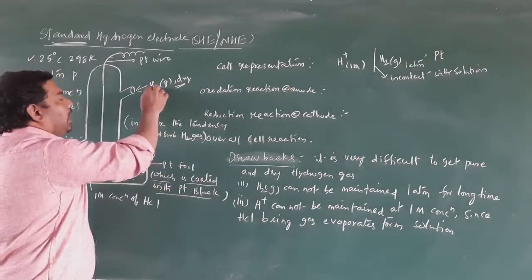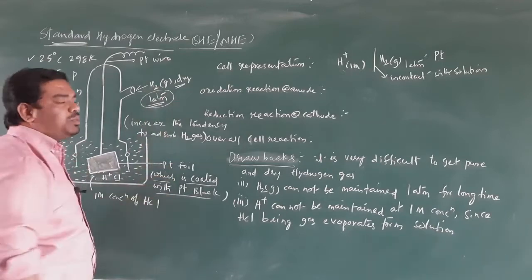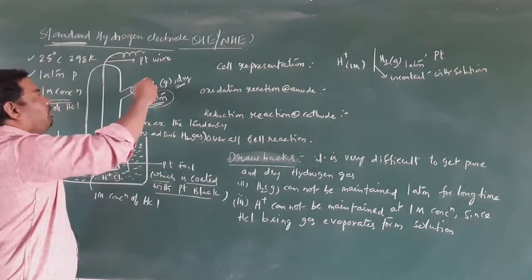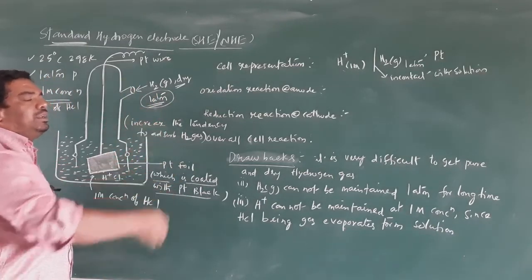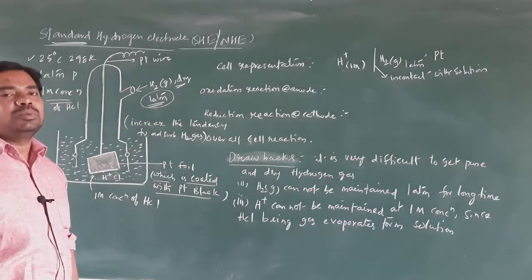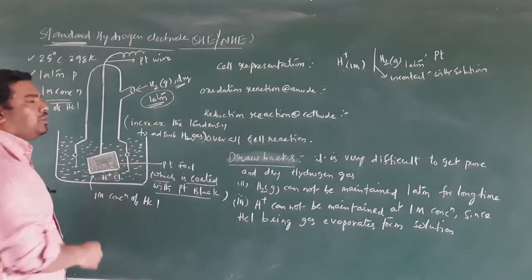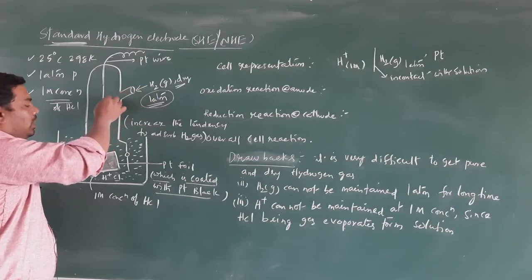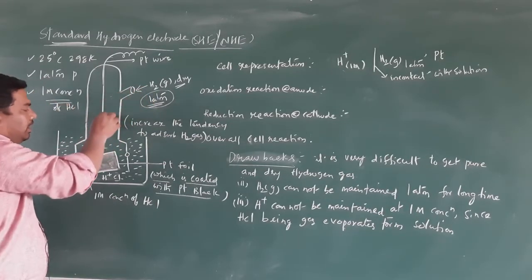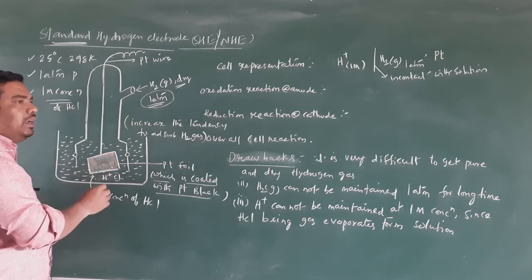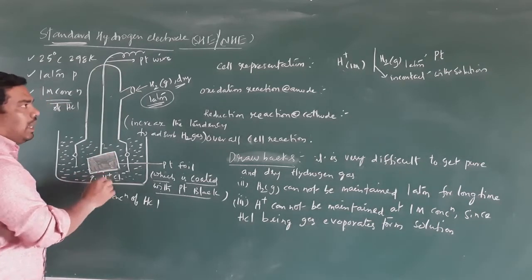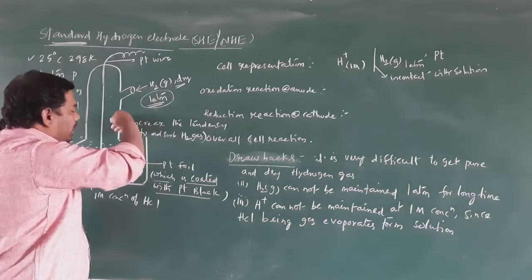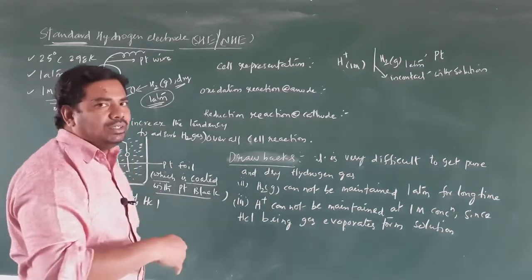Getting 1 atmosphere pressure of hydrogen gas is the biggest task. The hydrogen gas is bubbled over the platinum wire and enters the solution, and it liberates H plus ions, that is, the hydrogen gas liberates electrons.